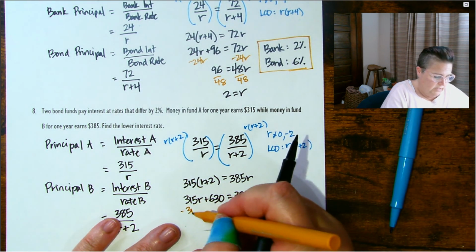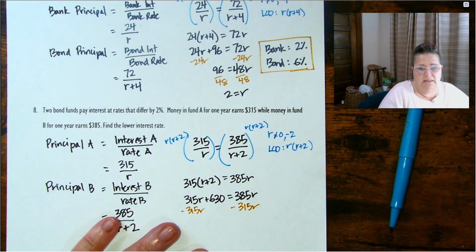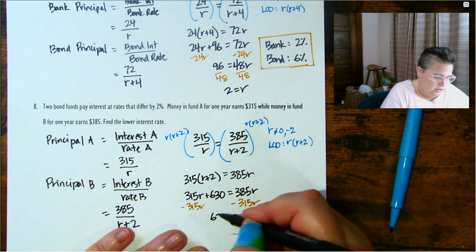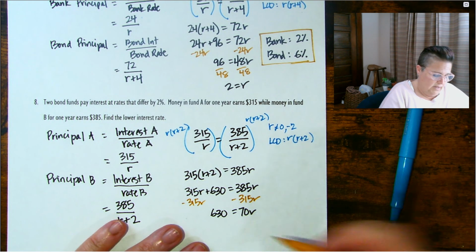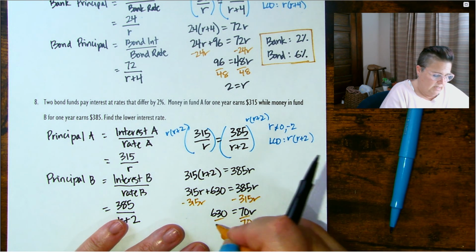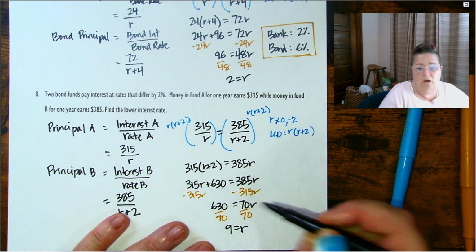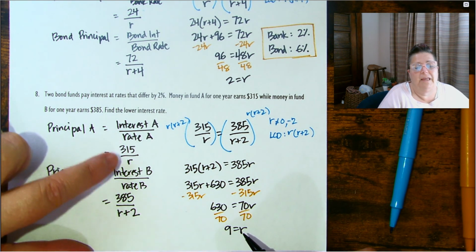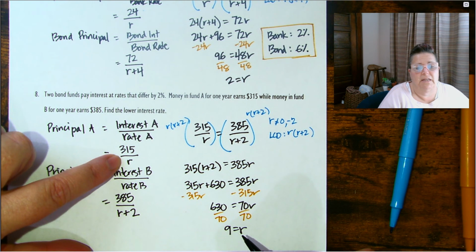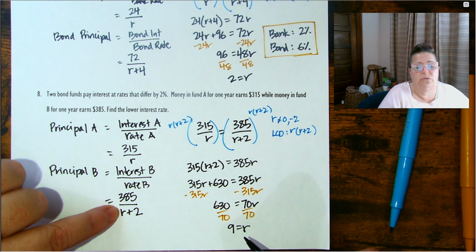Subtracting the 315R from both sides, we get 630 is 70R. Dividing both sides by 70, we get that 9 is equal to R. So the interest rate for principal A should be 9%. That makes principal B R plus 2, or 11%.